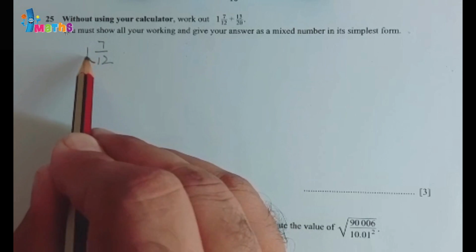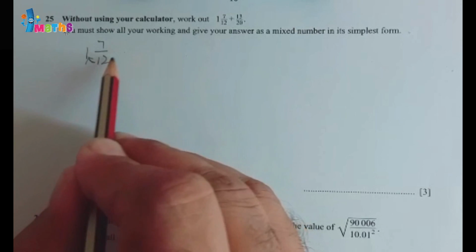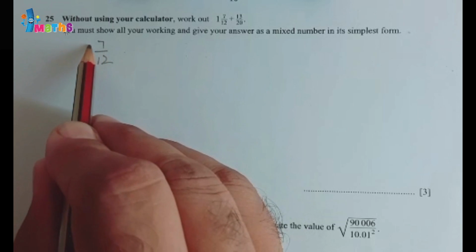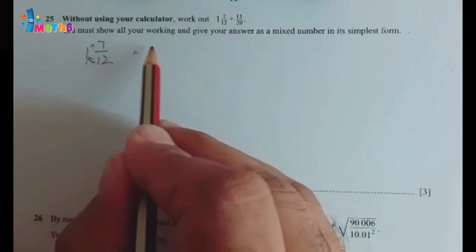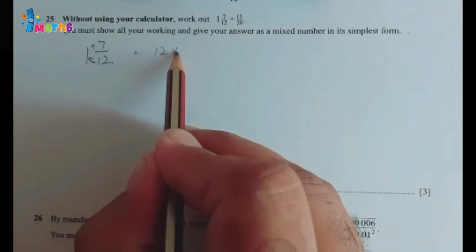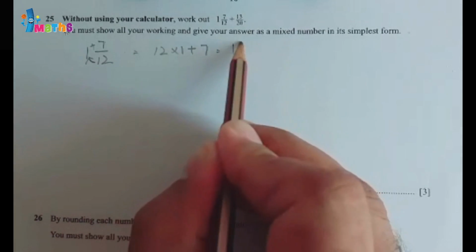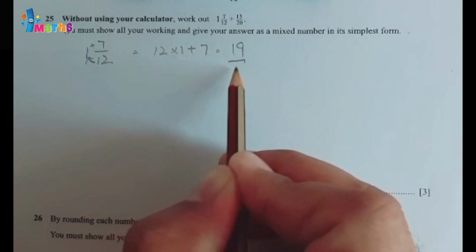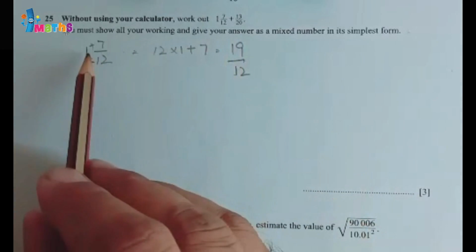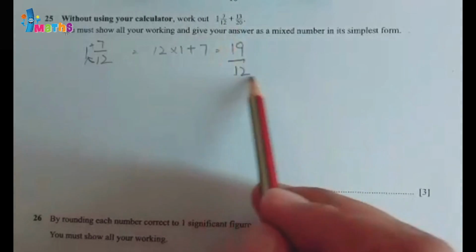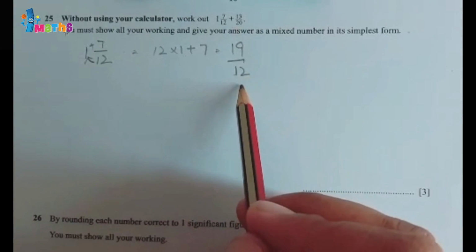We will multiply 12 with 1, then add 7. So it will be 12 multiplied by 1 plus 7, which is 19 over 12. So we have converted this mixed fraction into an improper fraction, which is 19 over 12.